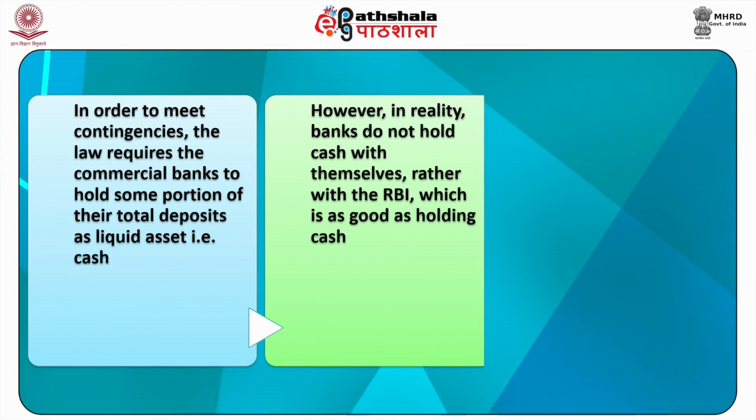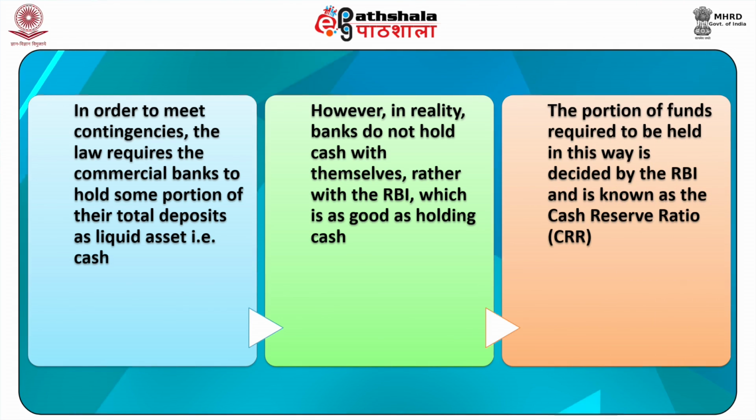However, in reality, banks do not hold cash with themselves, rather with the RBI, which is as good as holding cash. The portion of funds required to be held in this way is decided by the RBI and is known as the cash reserve ratio, that is CRR. Higher the CRR, lower the amount of funds that the commercial banks can lend. For instance, if the bank's deposit is rupees 100 and the CRR is 4%, the bank will be required to hold rupees 4 with the RBI.